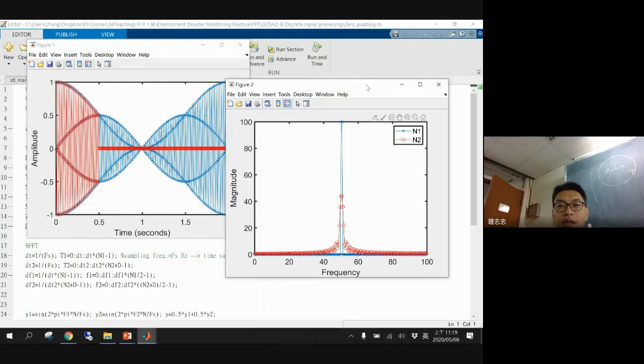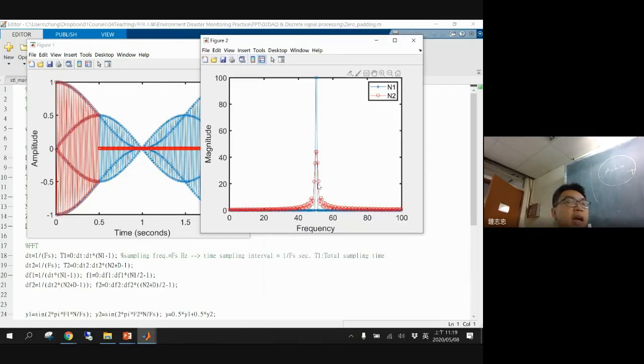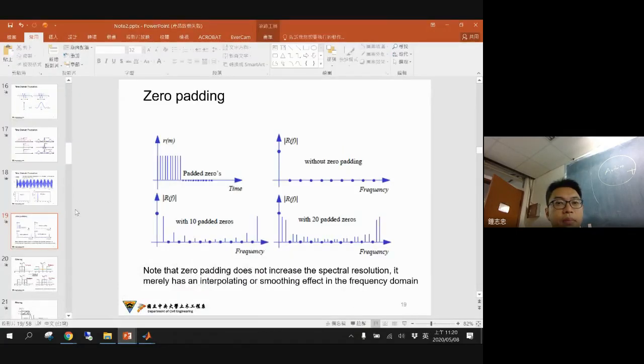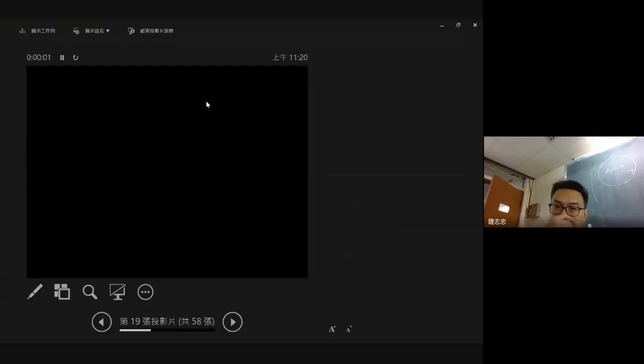So actually, you can see the difference, because the red and the blue one are still different. Okay, so I would like to show you this demonstration about the zero padding. I think this is just the topic for the signal processing in the beginning.